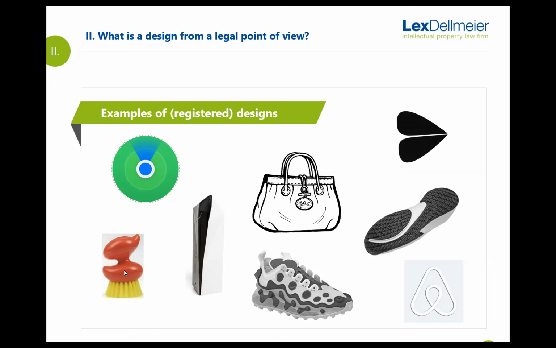Then here you have a brush from a very known German manufacturer of kitchen utensils that often have some figurative element which makes them kind of special. Next to the brush, some kind of packaging that looks like a jacket, kind of nice. A Longchamp handbag, Nike shoes. Here you can see the whole shoe, and over here to the right, just the sole of another shoe, but also from Nike.